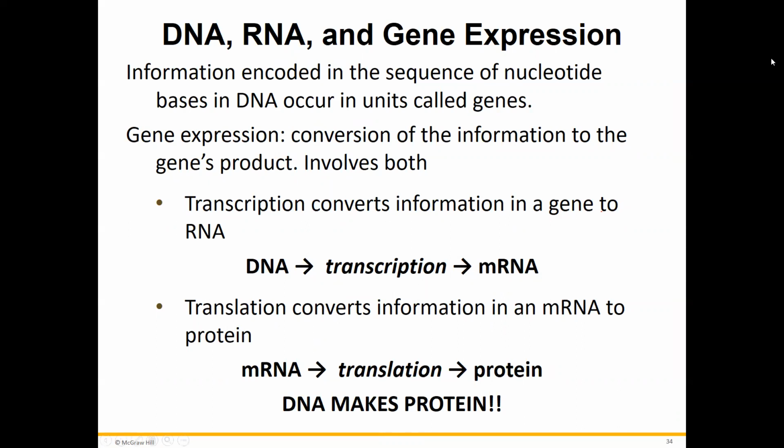And the gene is the short little sequence of nucleotides that has the recipe, if you will, for how to make the protein. So gene expression, when you see that term, all that is converting the information from DNA, right? That's the gene, into its product, which is a protein.